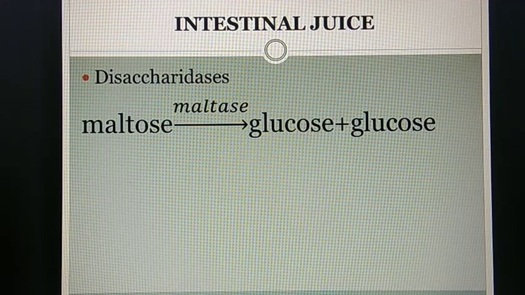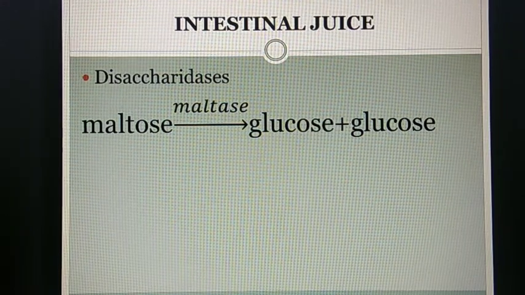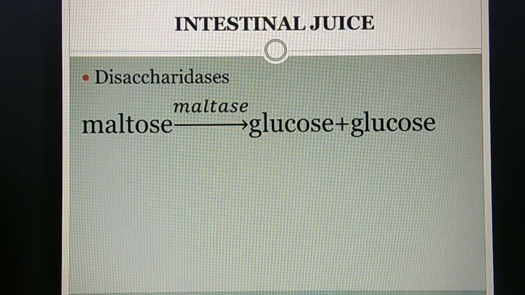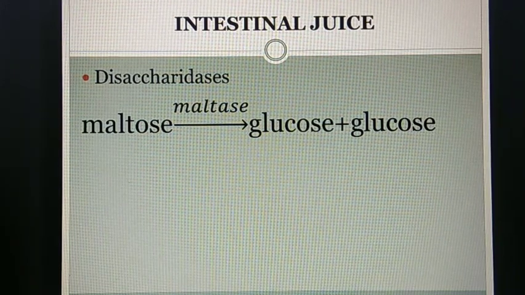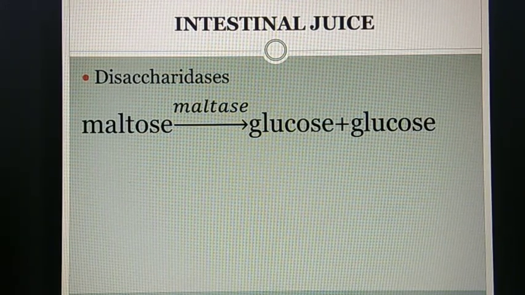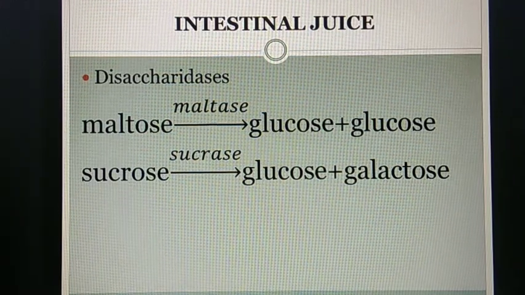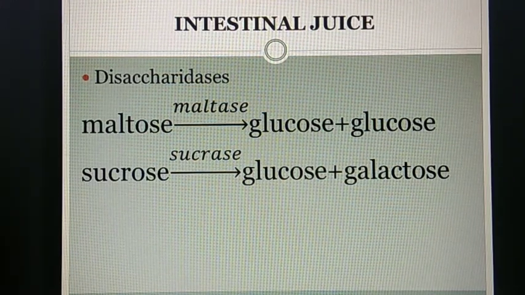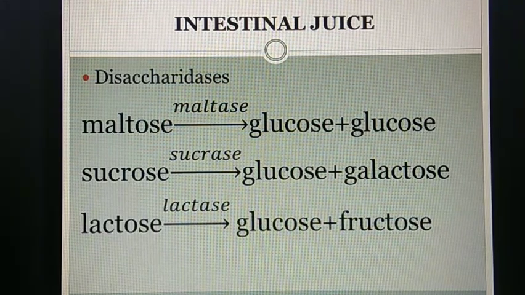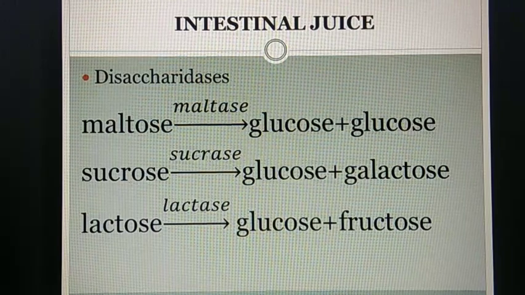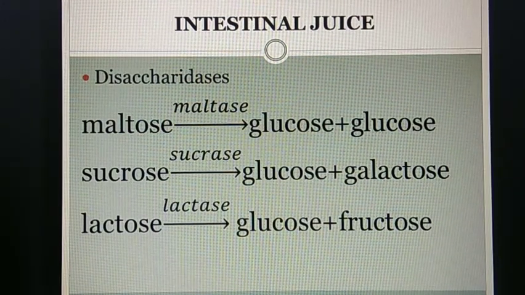Maltase converts maltose to glucose and glucose. Another disaccharide called sucrose, in the presence of a disaccharidase called sucrase, will be converted to glucose and fructose. Another disaccharide called lactose, in the presence of lactase, will be converted to glucose and galactose.